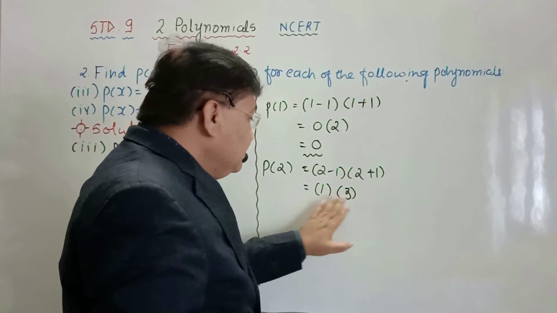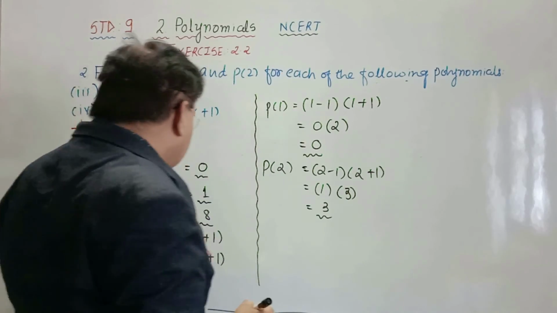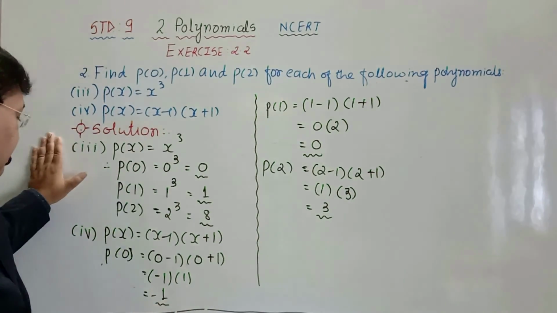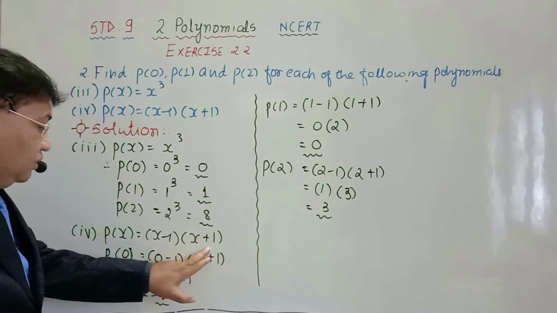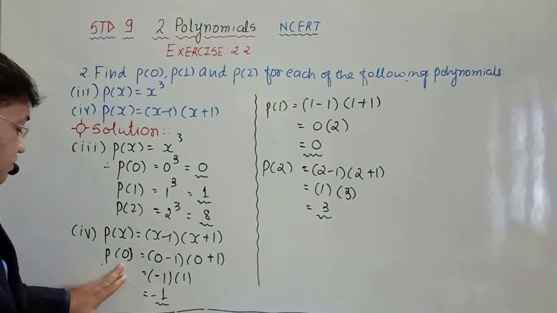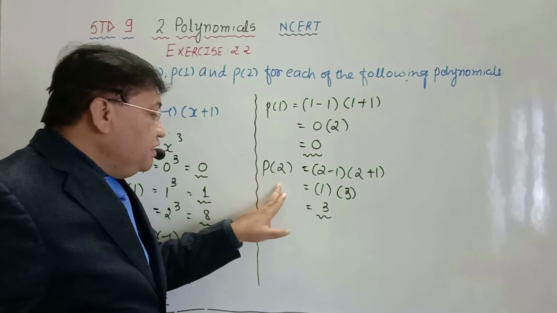And here 1 times 3 is 3. So in question number 4 of 2, here P(x) is equal to x minus 1, x plus 1 is given. So here we got P0 is equal to minus 1, P1 is equal to 0, and P2 is equal to 3.